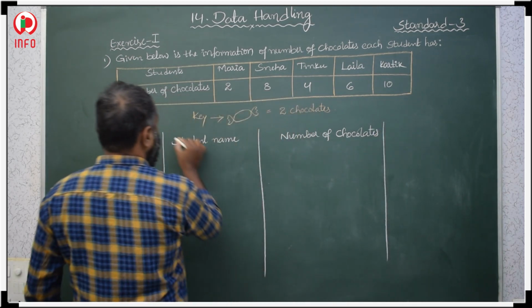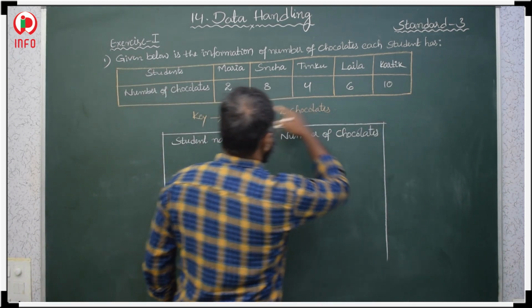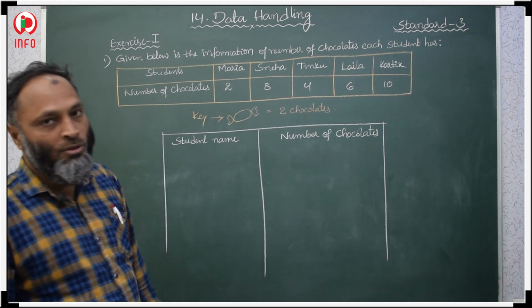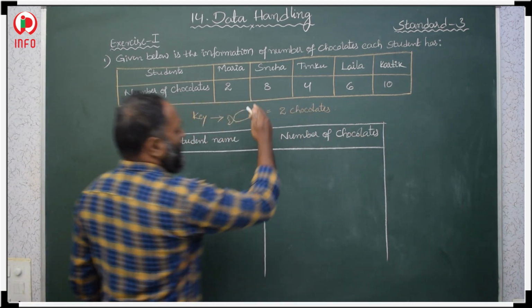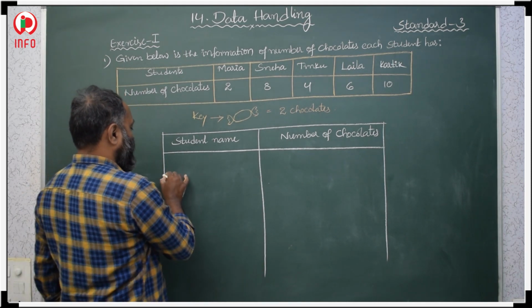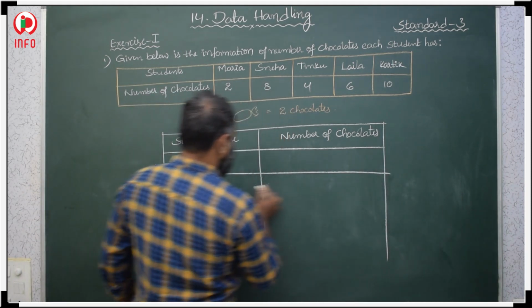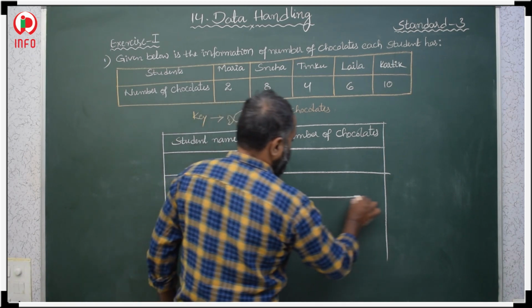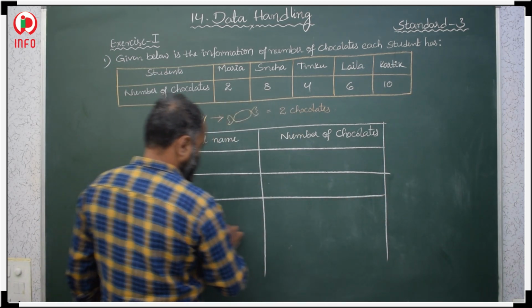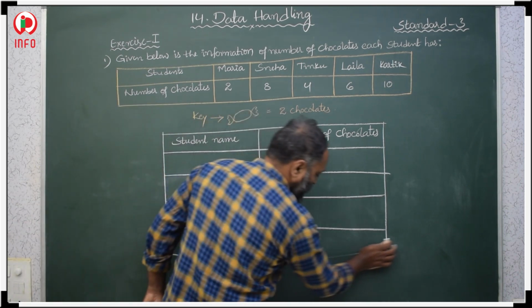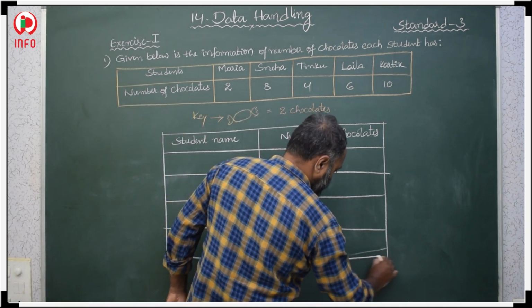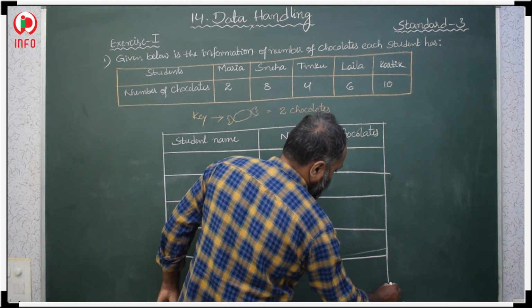If you do not want to take a scale, then for 2 chocolates we should draw 2 chocolates, for 8 we should draw 8 chocolates, and for 10 we should draw 10 chocolates. Instead of that, if you take a scale, we should draw according to the scale how many chocolates.